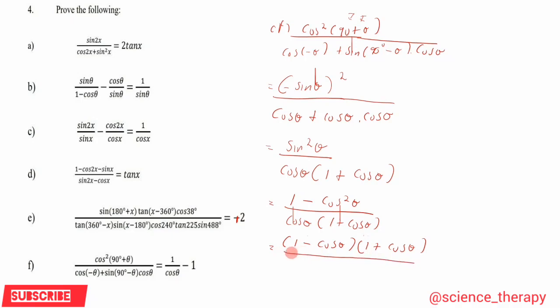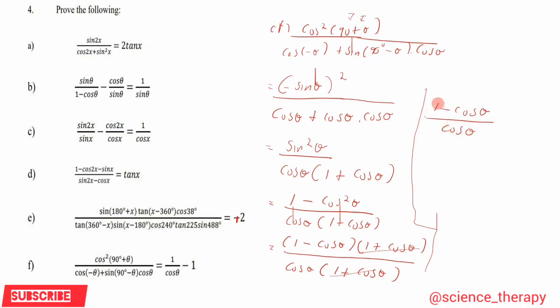Then below we have cos theta here, and then 1 plus cos theta. Now at this point we can see that we now have a common expression in the denominator and numerator. So what will happen? They will divide out, and then we'll be left with 1 minus cos theta over this cos theta.